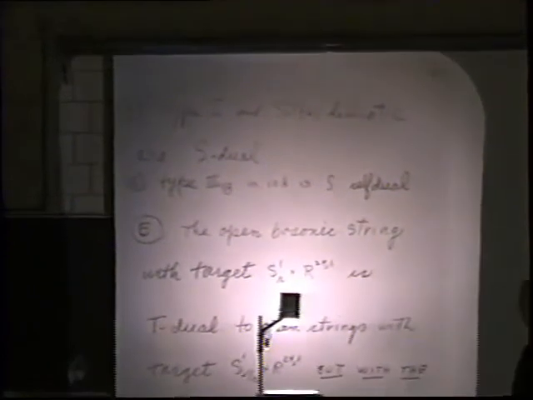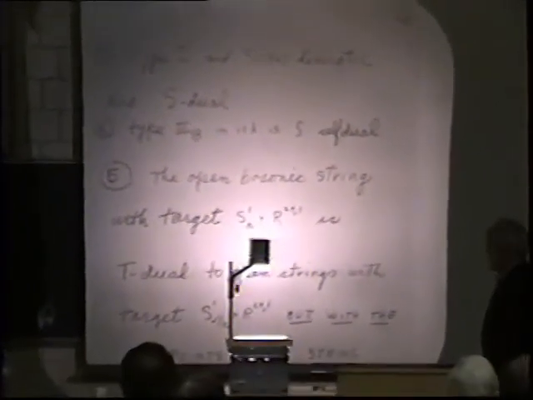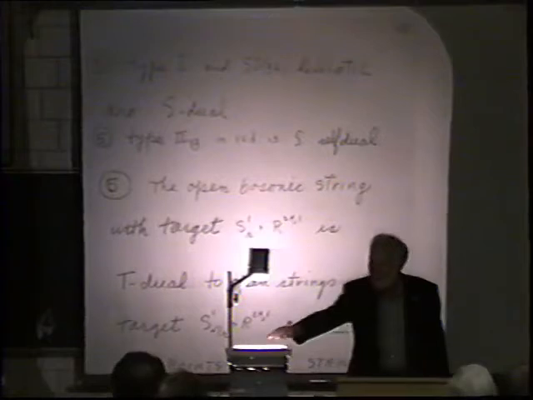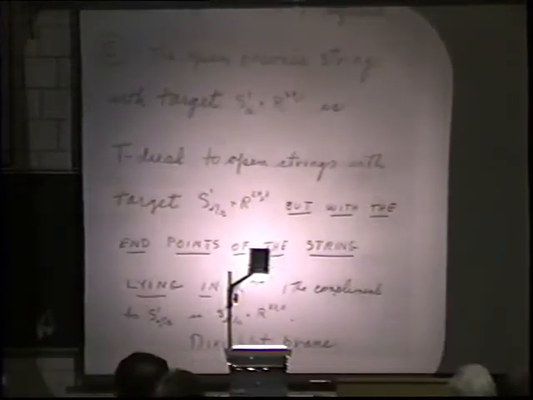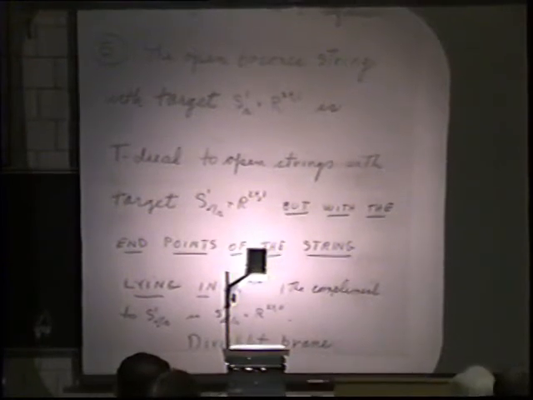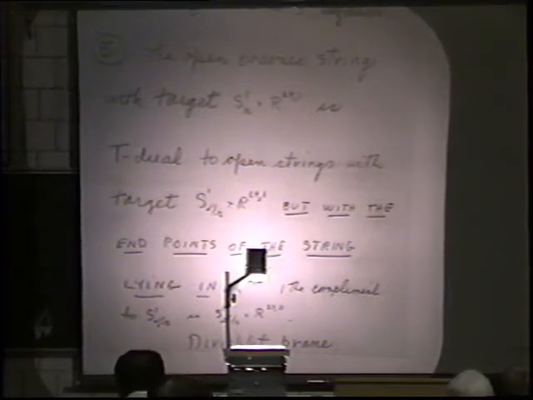Well, 4 and 5 I just listed for some kind of completeness, so you get a flavor for them. It's 6 that I want to talk about for a moment. And here's what it says. Once you decide that you want to look at T-duality, it says if you look at the open bosonic string, so there's no supersymmetry, you're just looking at maps of an interval into a target space, which is R^24,1.